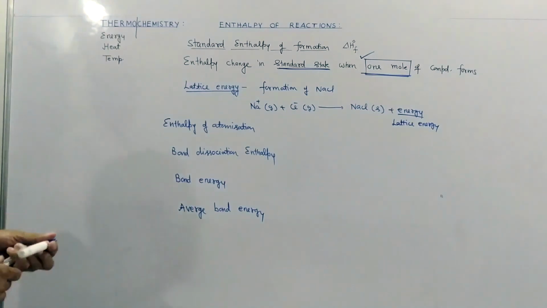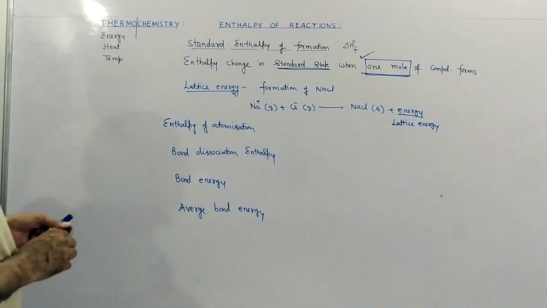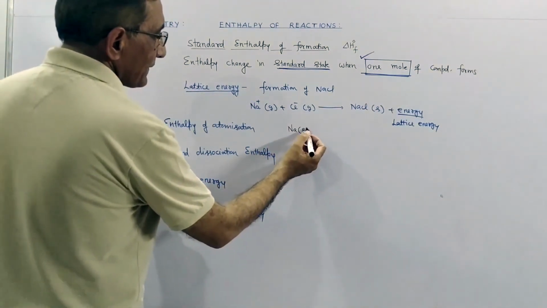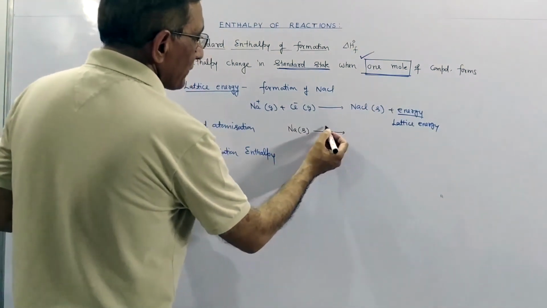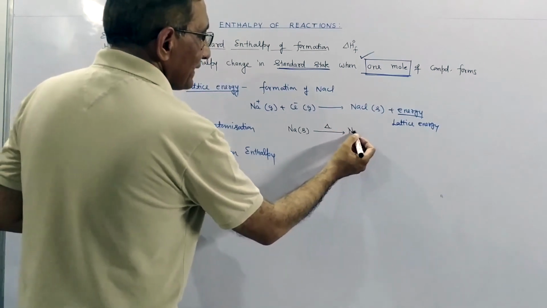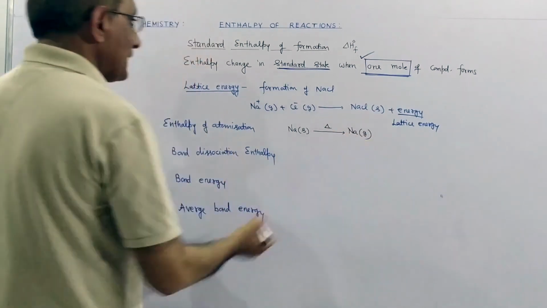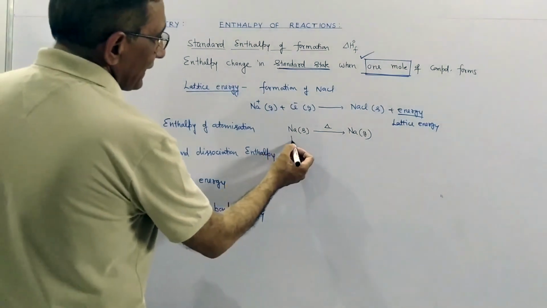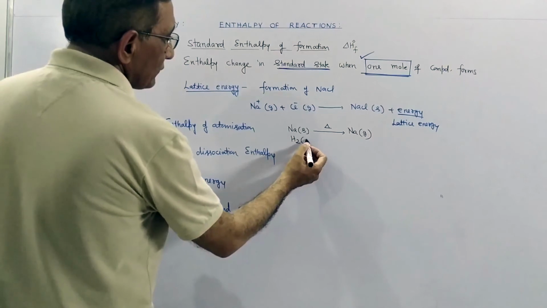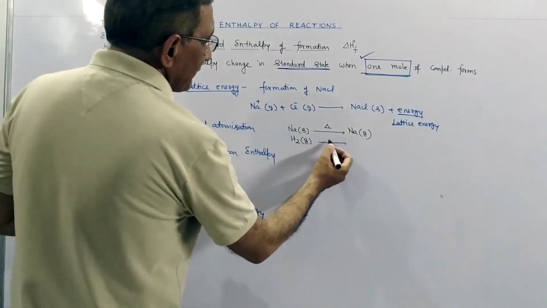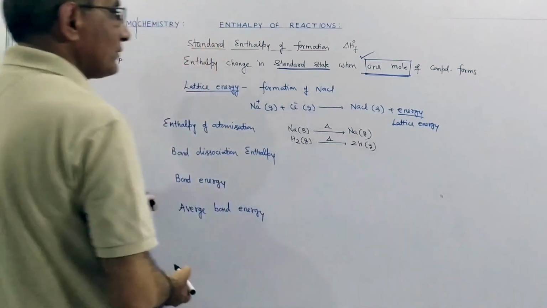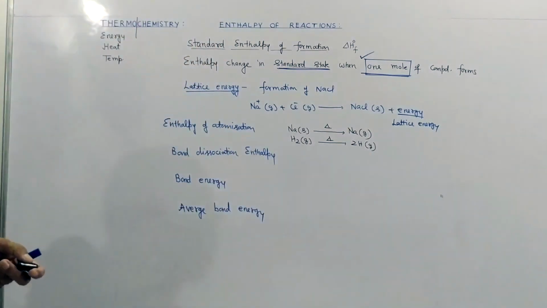What is enthalpy of atomization, students? If we have sodium metal in solid state, we provide heat, then it will convert into gaseous state. Similarly, if we have H2 in gaseous state, if we provide heat, then it will convert into hydrogen atoms in gaseous state.